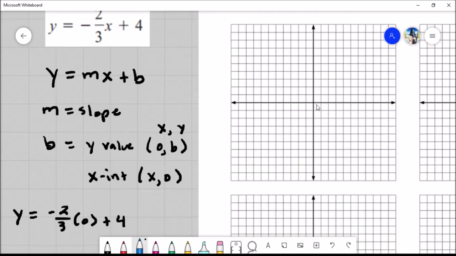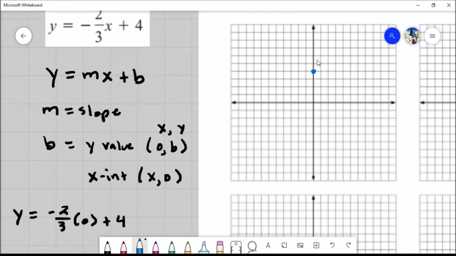If it was a negative 4, then we would move down 4 units. So up 4 units from the center: 1, 2, 3, 4. That's here. So this is my point (0, 4), which is also the y-intercept.